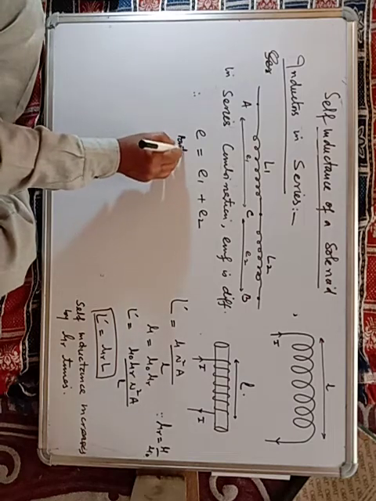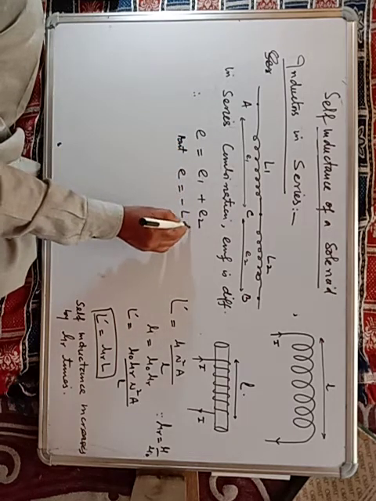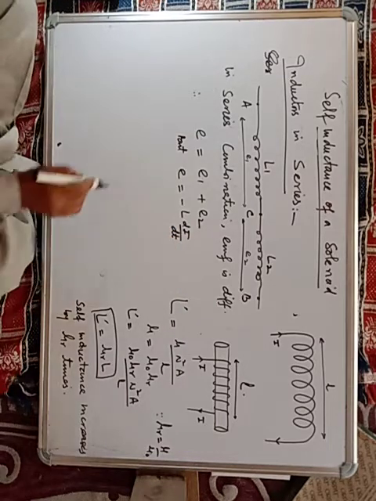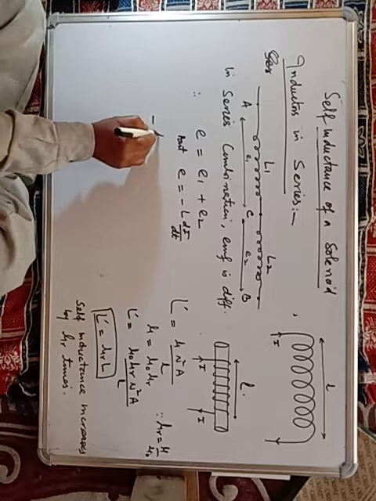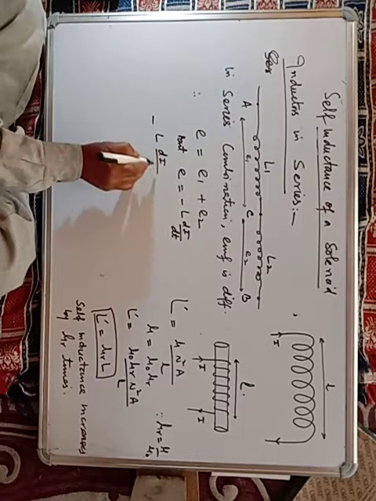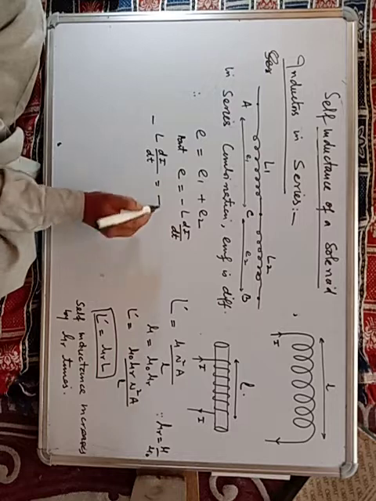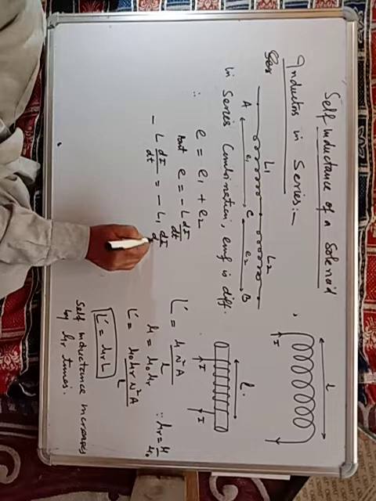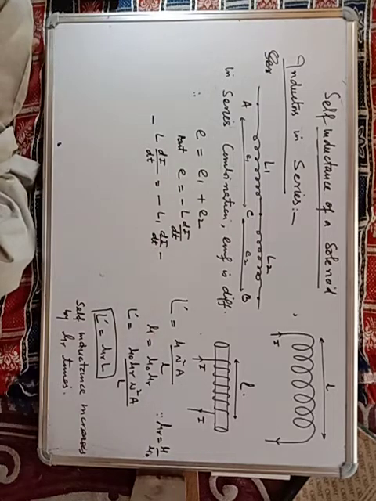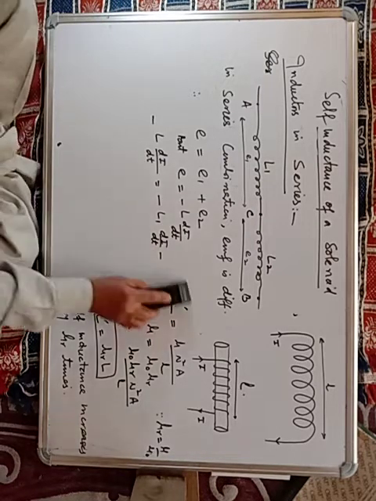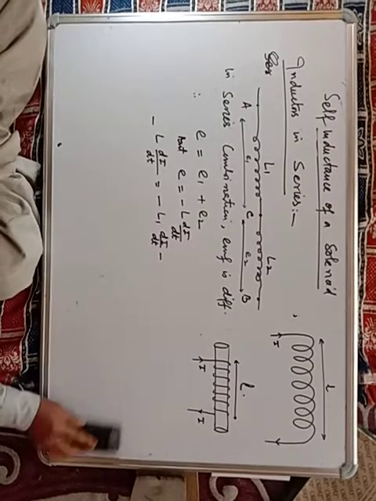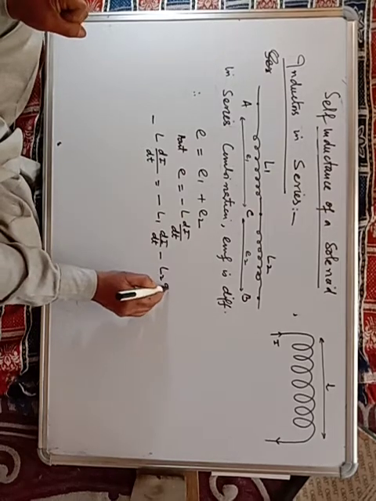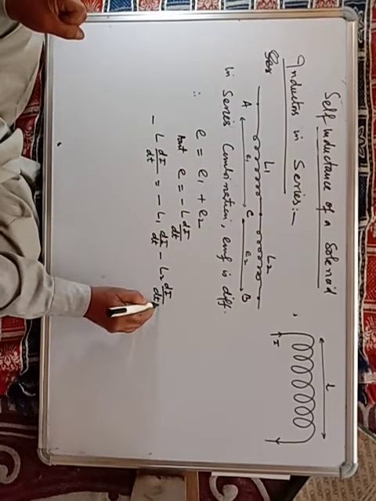But we know E is equal to minus L di upon dt. So we can write here minus L di upon dt, which is equal to minus L1 di upon dt minus L2 di upon dt.